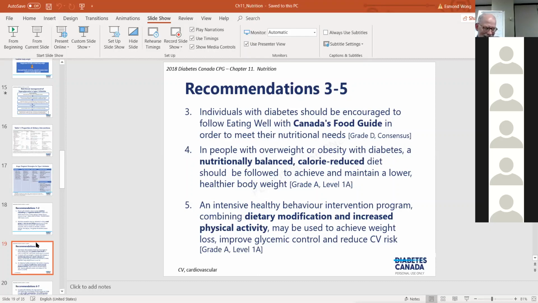So when you use the insulin carb ratio, you only use that for the bolus insulin. When you're looking at the total daily dose of insulin, you're counting both basal and bolus. So they're two different concepts.